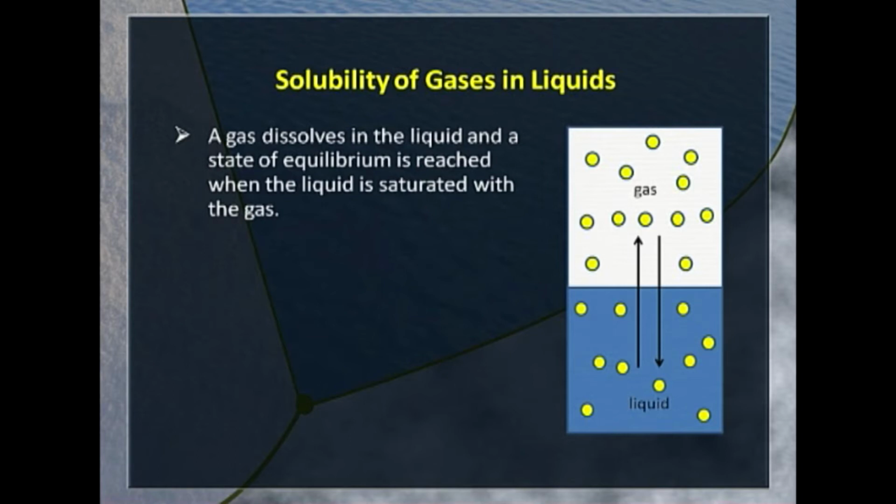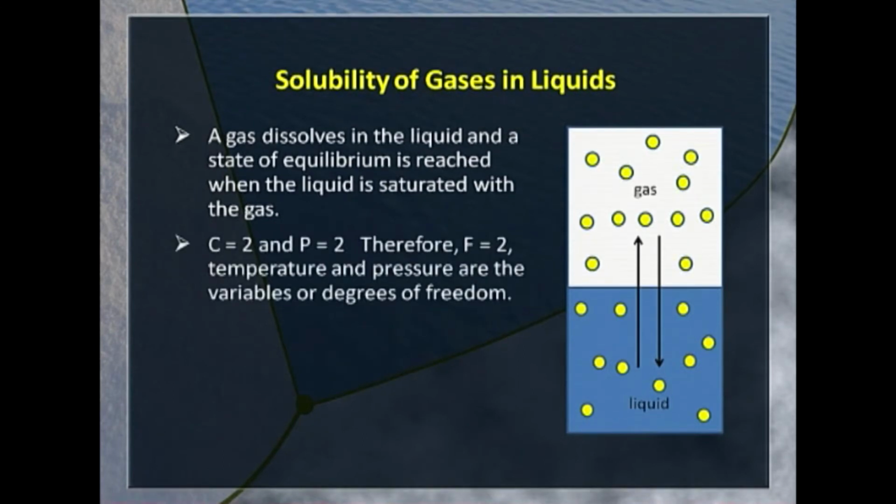If we apply the phase rule to this system, we know that it is a two-component system. There are two phases in equilibrium. Therefore, from the phase rule equation, we get that F is equal to 2. Which are these 2 degrees of freedom? Of course, temperature and pressure.